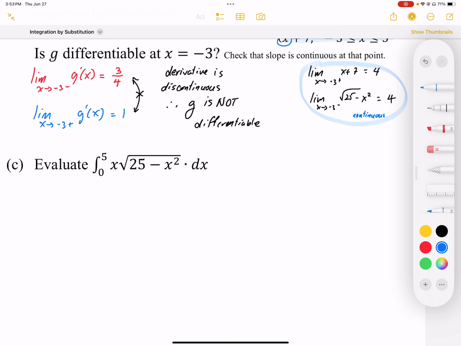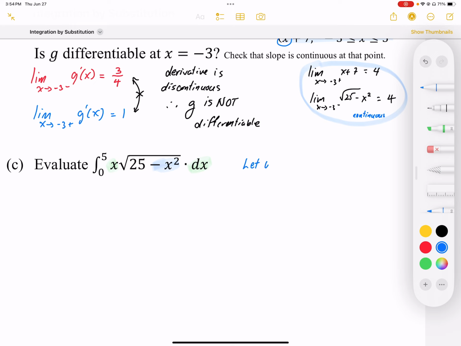The last part of this is we want to evaluate this definite integral. To do this, we can see that this is not a standard integral. We need to recognize that the derivative of this inside function will account for the outside portion. Okay, this outside portion here is going to be accounted for by the derivative of the inside.